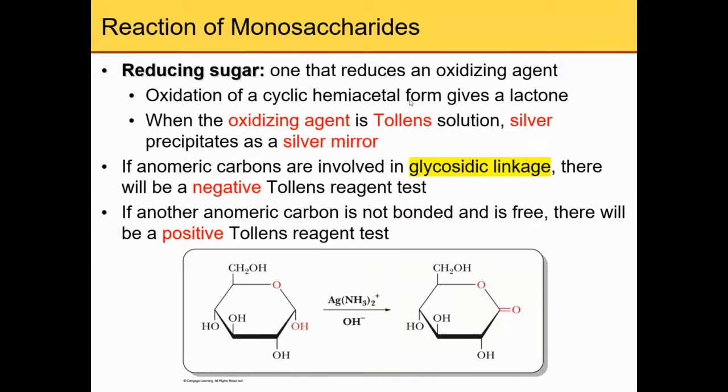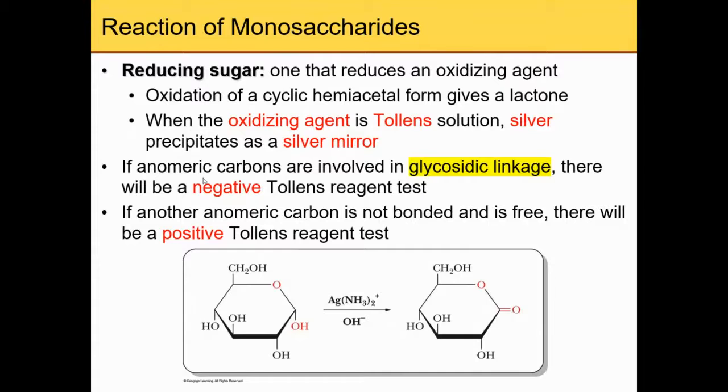And the reducing sugar, that means one that reduces an oxidizing agent. That's called a reducing sugar. So the oxidation of a cyclic hemiacetal can give you a lactone. So when we use the oxidizing agent, Tollens, silver will precipitate as a silver mirror.